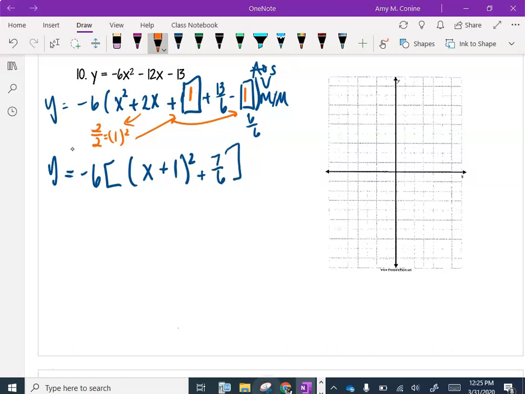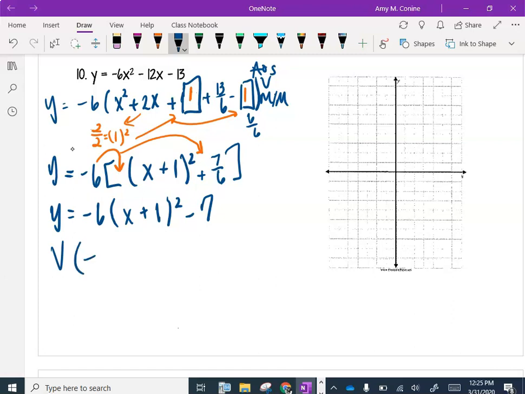And then the last thing I need to remember to do is that negative 6 needs to come back inside to both spots, the one in front of the group and one at the end with that number. You're not distributing inside these parentheses, but you are putting the negative 6 out front, and then this should just be a negative 7. So now we are in vertex form.